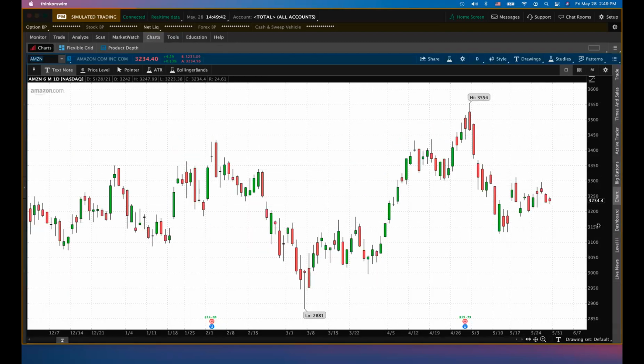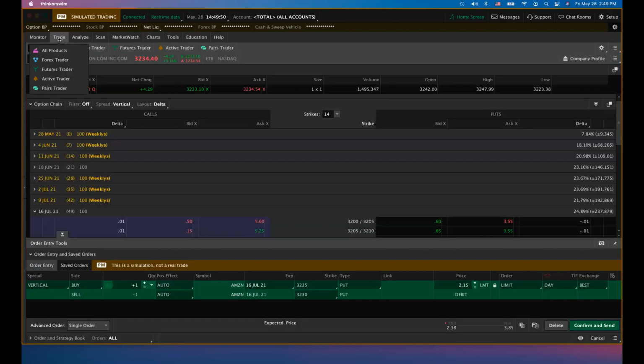We are talking about buying a debit spread here at 32. What was that number here? 32.30, 32.35.